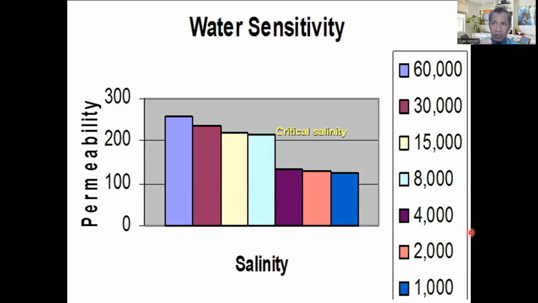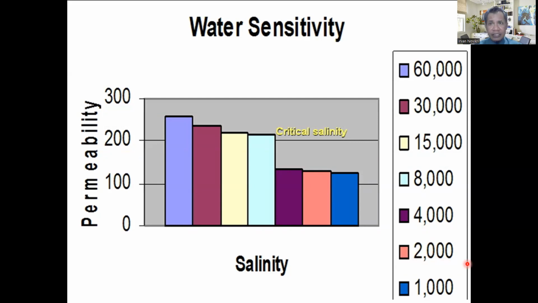So you are pretty low in permeability here. Below somewhere around 8,000 ppm salinity, we are going to have a significant issue with the formation.